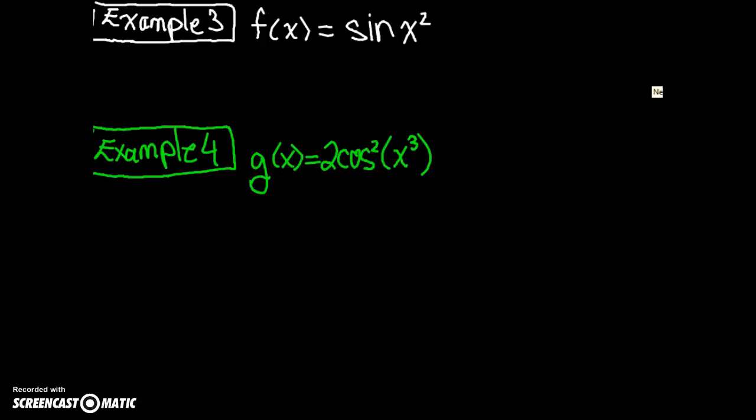Alright, so first thing I need you guys to notice here is with these functions, if the square is immediately after the variable, then keep in mind it only pertains to the variable, not to the trig function. Okay?